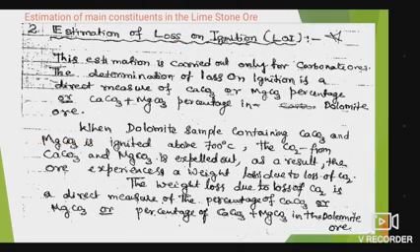What is the method for the estimation of LOI? Simple, it is heating at 700 degrees Celsius. The sample of ore is heated in a furnace at about 700 degrees Celsius.